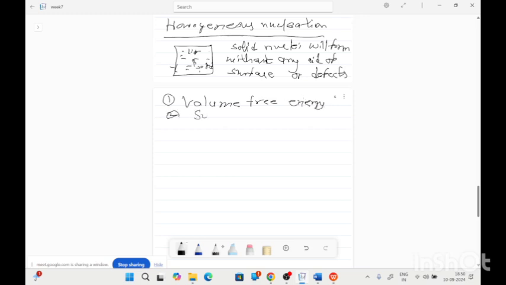Next is the surface energy of the nuclei. So the total energy delta G for this nuclei can be written as delta GV into volume plus delta GS.